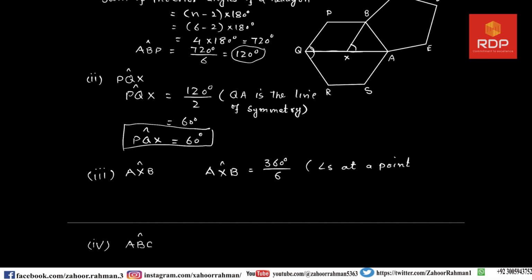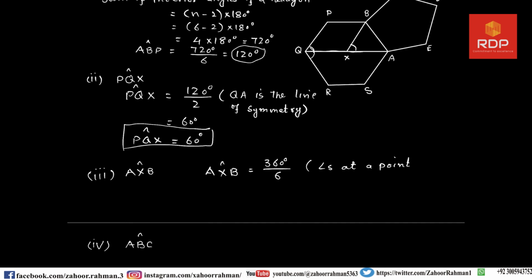Now consider X as a point, and there are 6 different angles on it, which is this one, this one, this one, this one, and this one, and this will also be our ultimate goal.